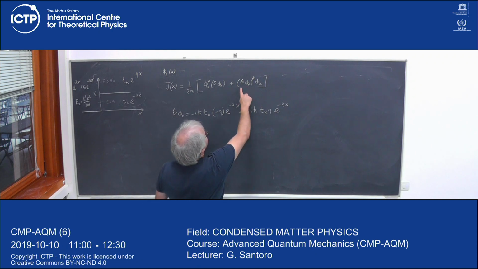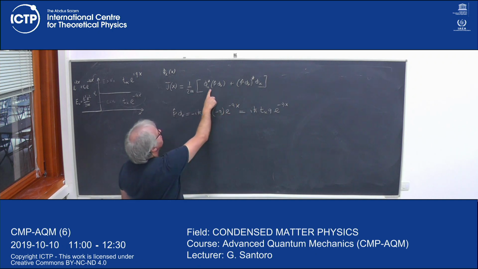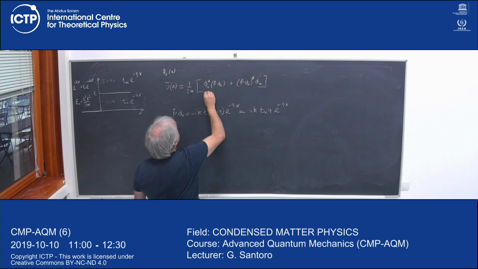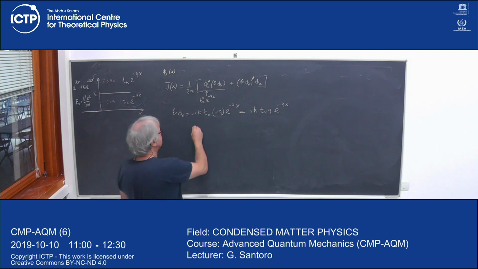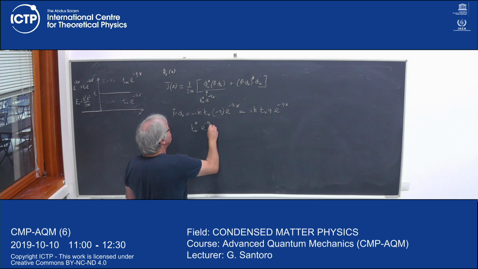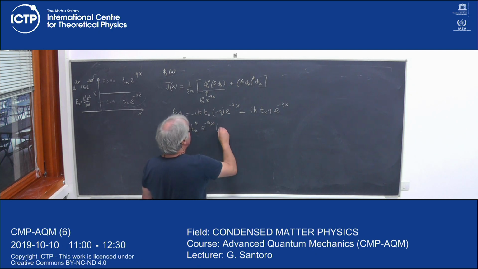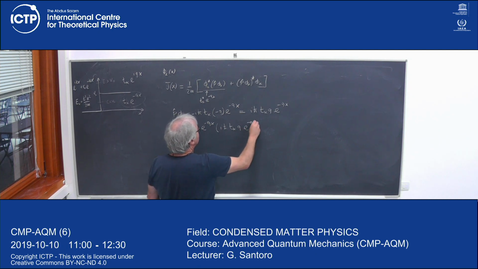Now I have to multiply here by the complex conjugate. So this object here is t_k star times e to the minus qx. So let's calculate the first term. The first term is t_k star e to the minus qx times i h bar t_k q e to the minus qx.